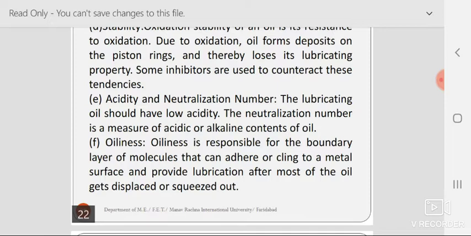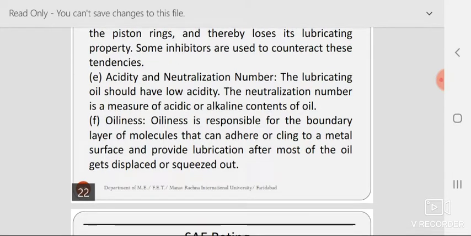So that is to be used accordingly. You have to check the neutralization number of the lubricating oil. That is why for every engine, the engine manufacturers generally recommend a particular lubricating oil. They check all these parameters and then they tell you that you have to use this lubricating oil for this engine, which is best for the engine.